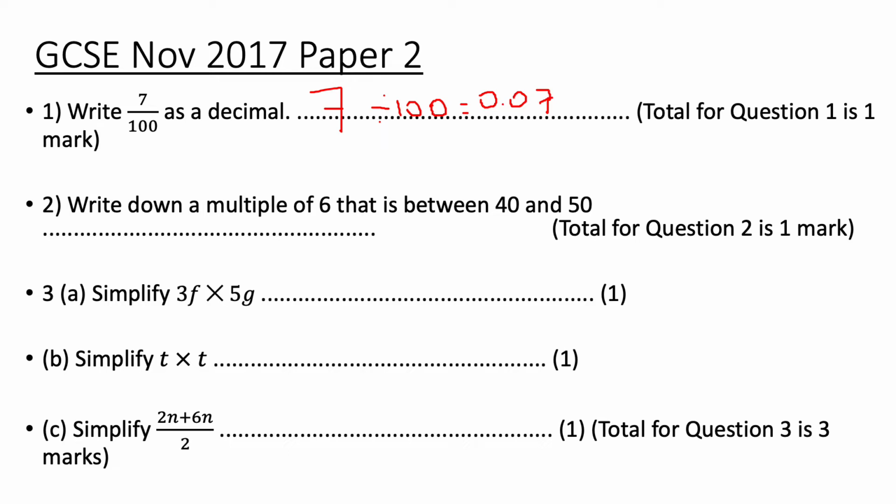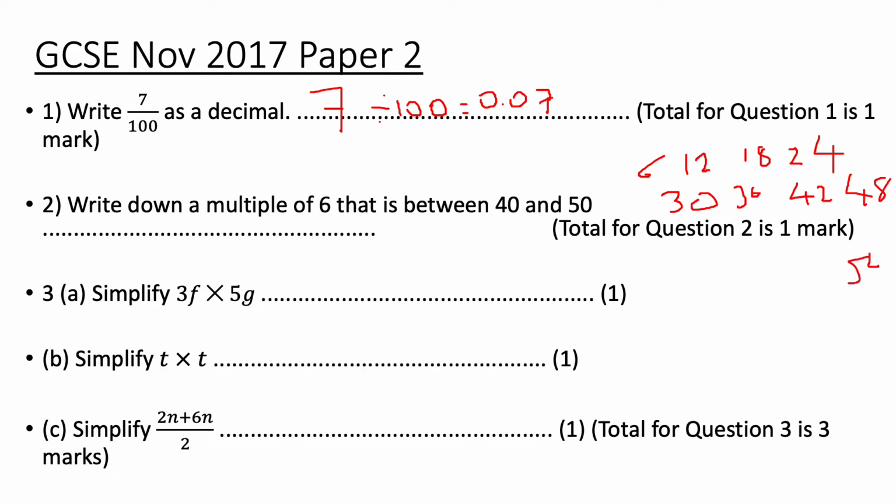Question number 2, write a multiple of 6 that is between 40 and 50. Multiple of 6, guys. Well, I'm going to have 6, 12, 18, 24, 30, 36, 42, 48, and 54.